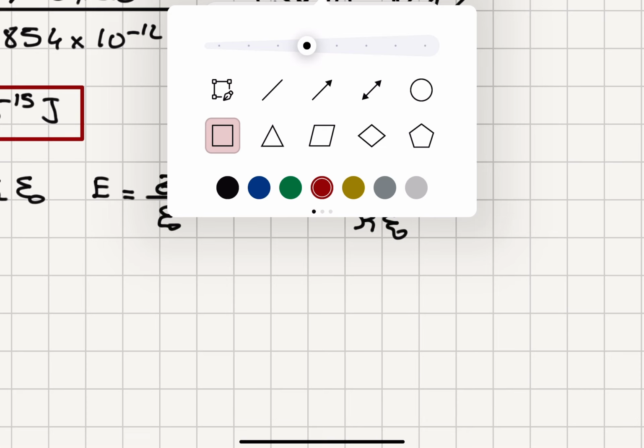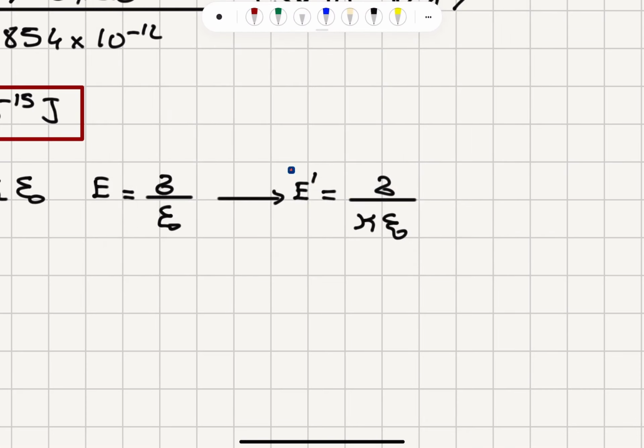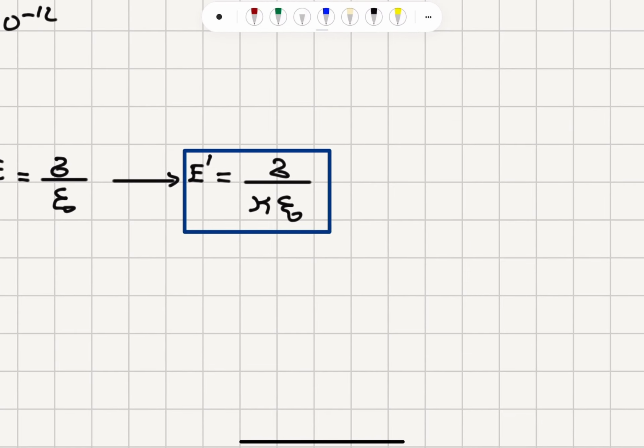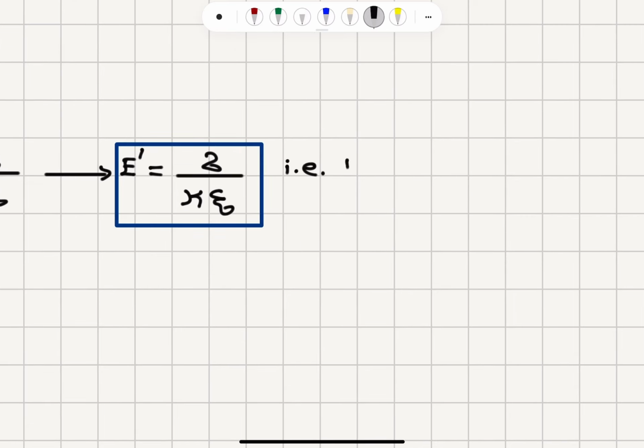This is the new electric field magnitude. So in terms of the previous answer, the electric field is actually reduced. E prime is equal to the previous answer E divided by kappa.